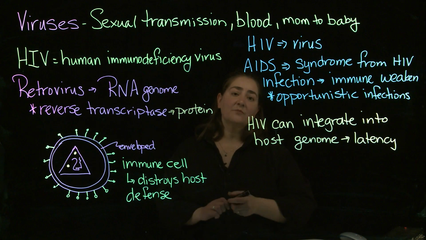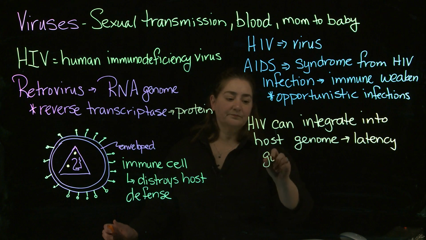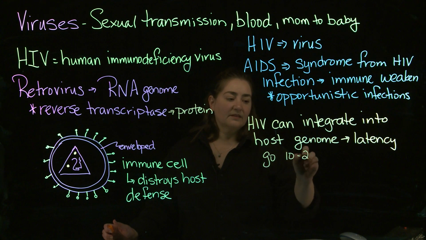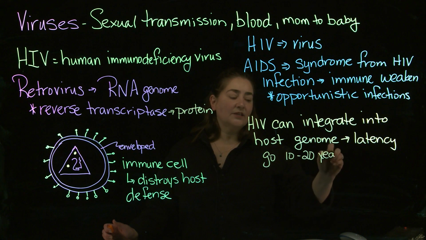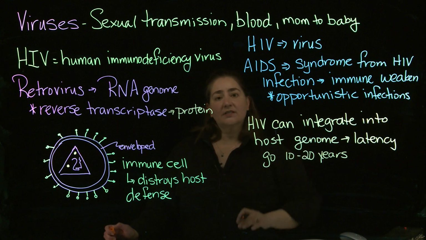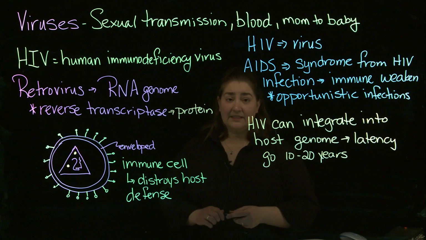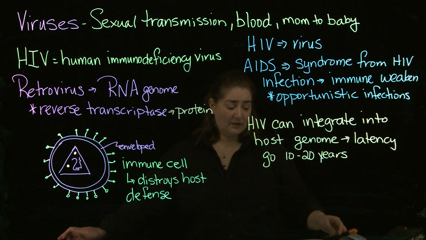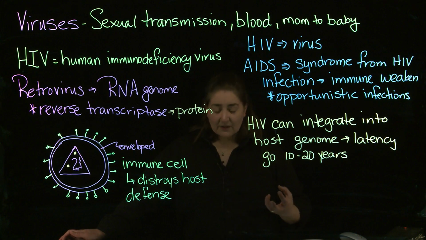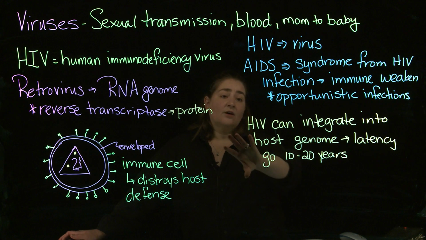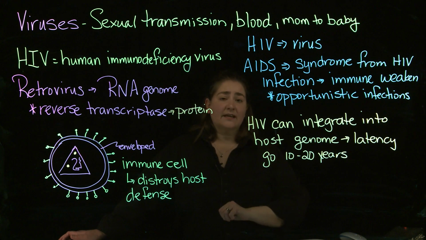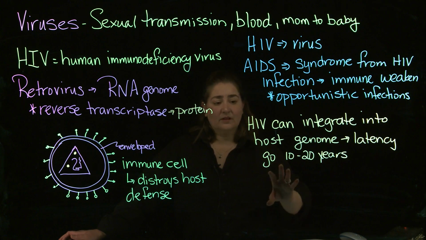This is why some people can go 10 to 20 years before they show any symptoms of AIDS, all right? Because it depends on where that virus integrates into the genome. All right, so HIV is a little bit unique because it has that ability to integrate, all right?